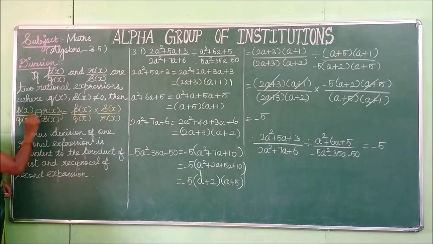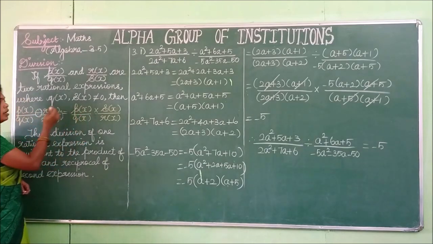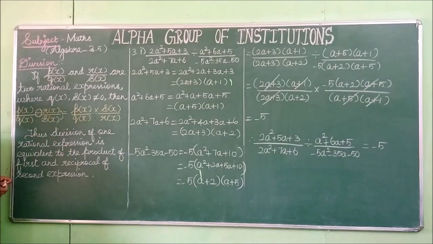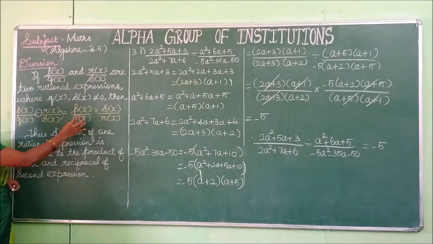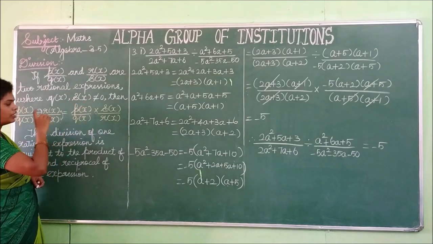The division sign changes into multiplication. Both numerator and denominator get reciprocated. The denominator comes into the numerator and the numerator goes to the denominator. Thus it inverts. Division of one rational expression is equal to the product of the first into the reciprocal of the second.